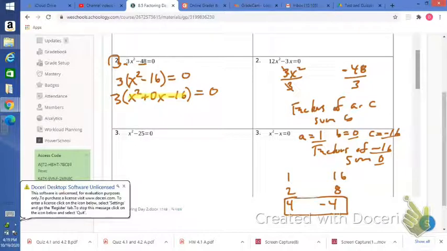So my eye is drawn to the bottom pair. Make one negative. When you multiply those together, you get negative 16. When you add them together, you get 0. Alright, so to write it now in factored form, I write the 4 over 1, because that's my a, and then I have my negative 4 over 1.